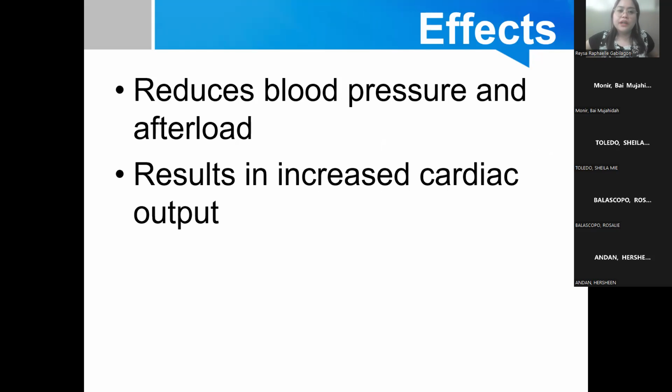So the dilation will reduce the blood pressure, syempre, and this will reduce the afterload. Kasi arteries man, ito yung mag-accommodate ng blood pag-pump ng heart. So since nag-dilate na siya, hindi na masyadong ganun na effort ang i-exert ng heart just to pump the blood.